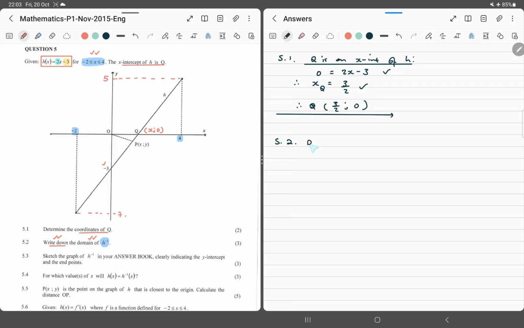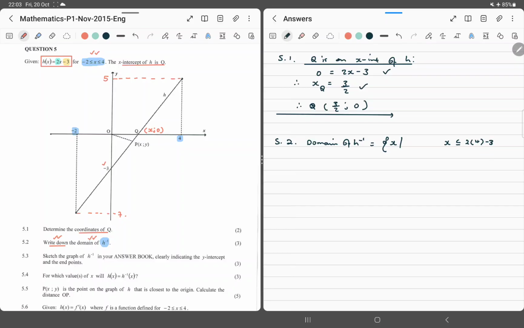We're going to just write the domain of the inverse of h is equal to a set of x values such that x here must be less than or equal to. But now our trick is to use the range of this. So the range is going to be basically 2 into 4 minus 3.